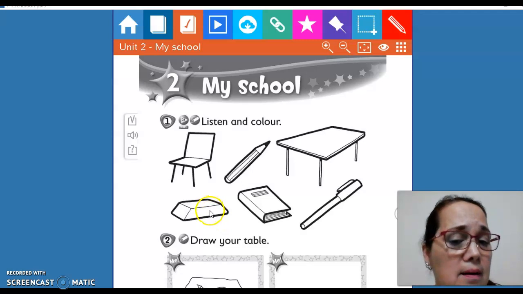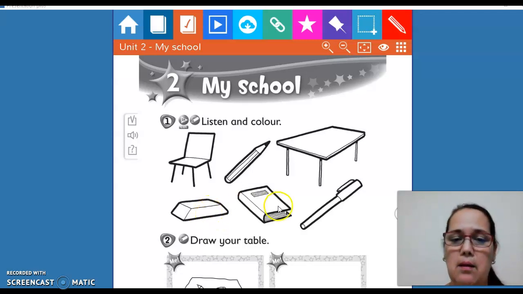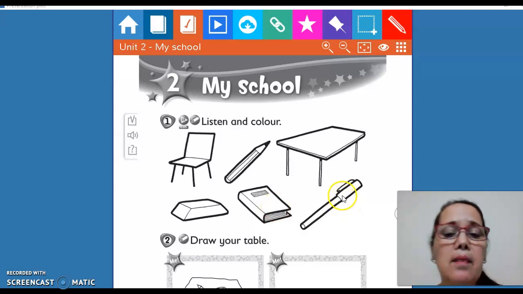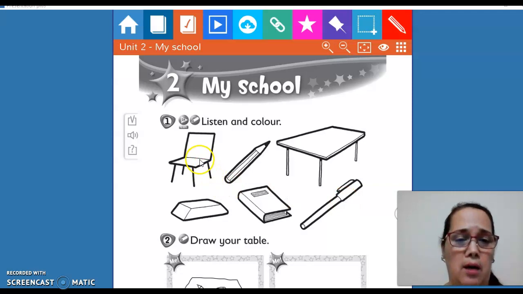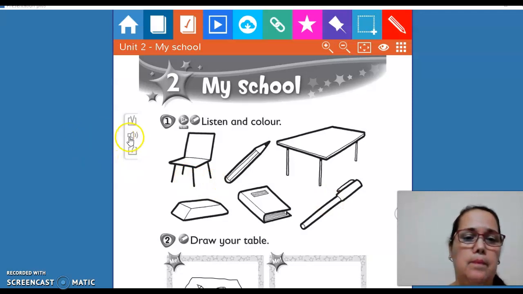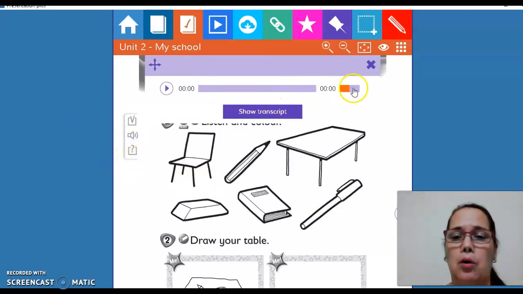And this is an eraser. And this is a book. And the last one, this is a pen. Very good. Chair, pencil, table, eraser, book, and pen. Are you ready? Okay. Listen and color.